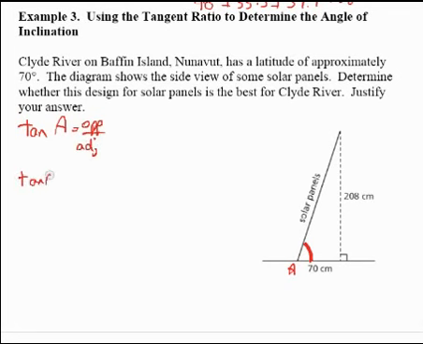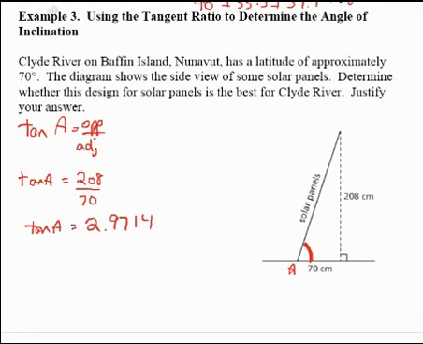So tan of A equals opposite is 208 over adjacent is 70. So tan A equals, I didn't actually do this one. I need to actually find my calculator for this one. 208 divided by 70 equals 2.9714.